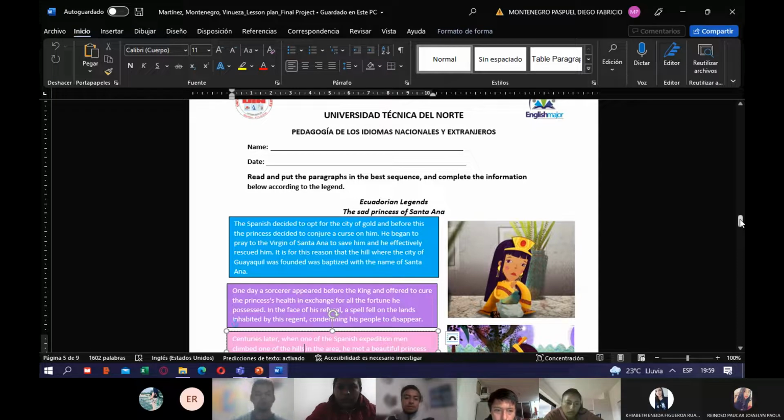He began to pray to the Virgin of Santa Ana to save him, and he effectively rescued him. It is for this reason that the hill where the city of Guayaquil was founded was baptized with the name of Santa Ana.